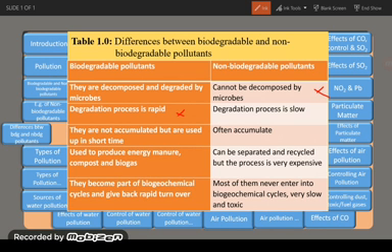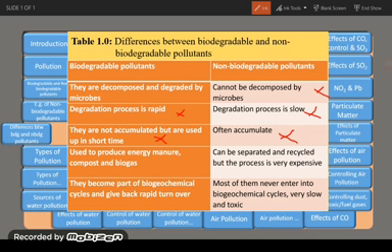It takes just a few hours or days, while the degradation process for non-biodegradable pollutants is very slow, and that is why you see them existing for years without being decomposed. Three, biodegradable pollutants are not accumulated but are used up in a short time by bacteria and some other organisms, while non-biodegradable pollutants accumulate with time.